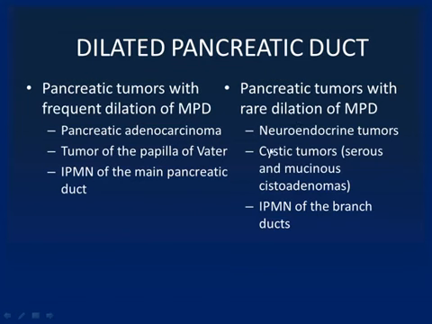In few cases, we will see dilation with neuroendocrine tumors or with cystic tumors like serous and mucinous cystadenomas and mucinous cystadenocarcinomas. Rarely, there is dilation in cases of IPMN of the branch ducts also.